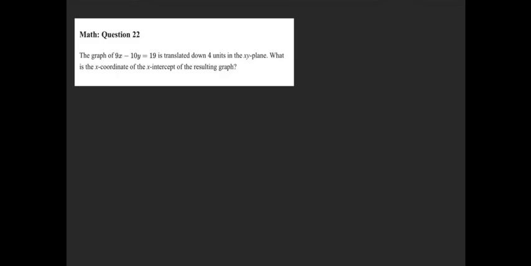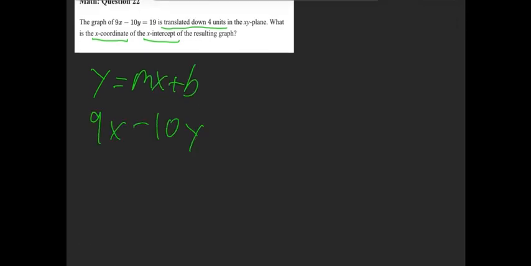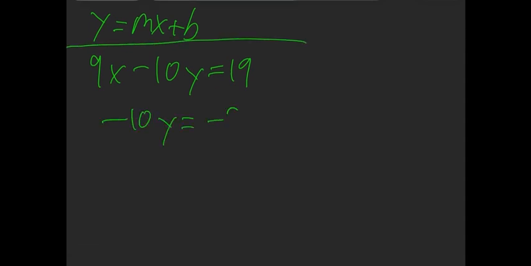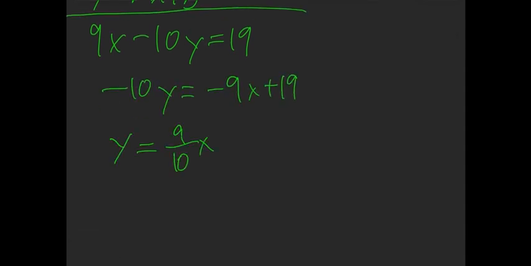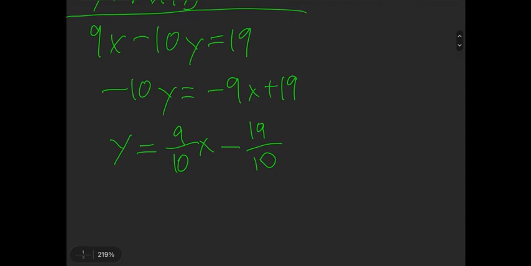Problem 22. The graph of 9x minus 10y equals 19 is translated down 4 units in the xy plane. What is the x-coordinate of the x-intercept of the resulting graph? First of all, let's rewrite this equation into the form y equals mx plus b. As a result, we get y equals 9 over 10x minus 19 over 10.